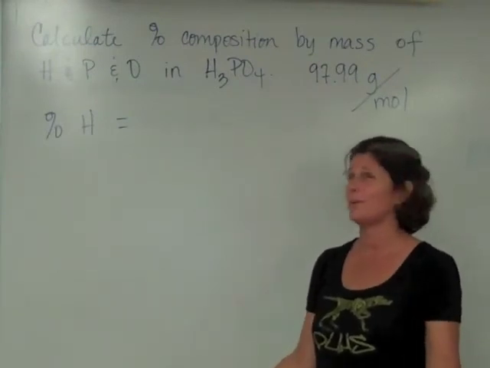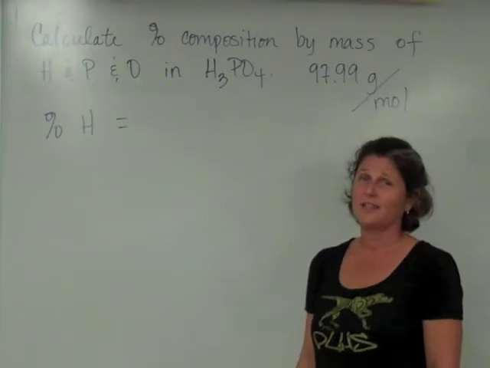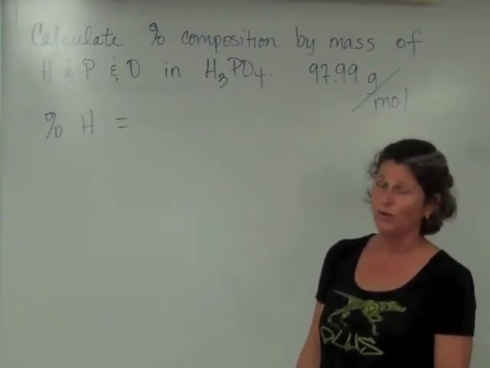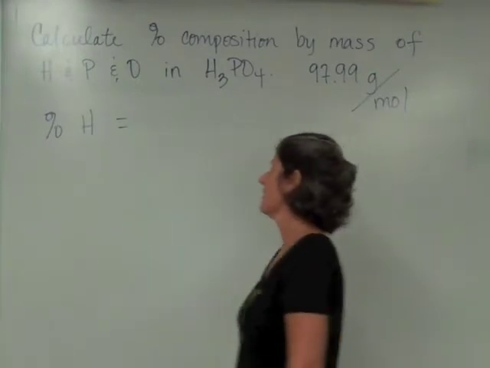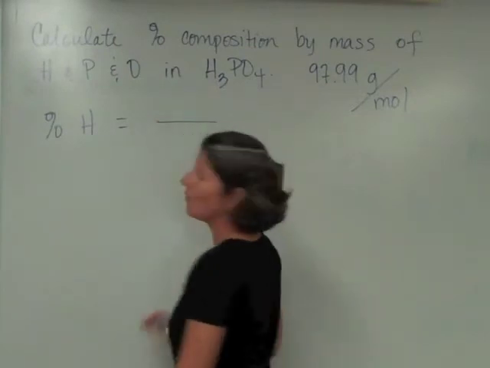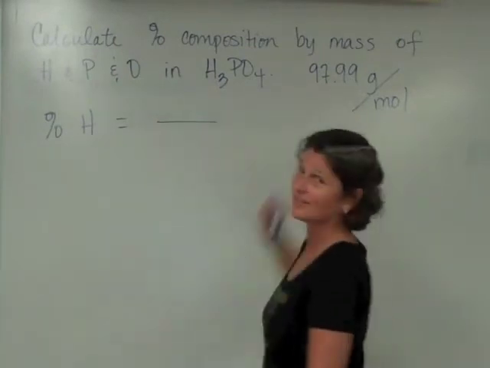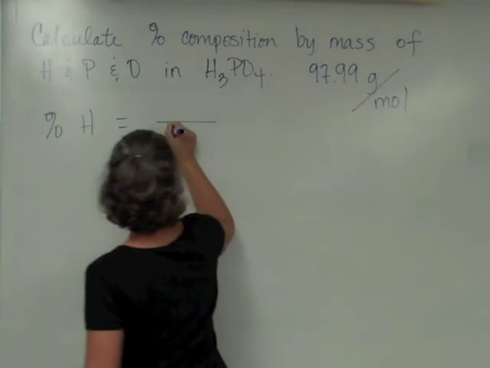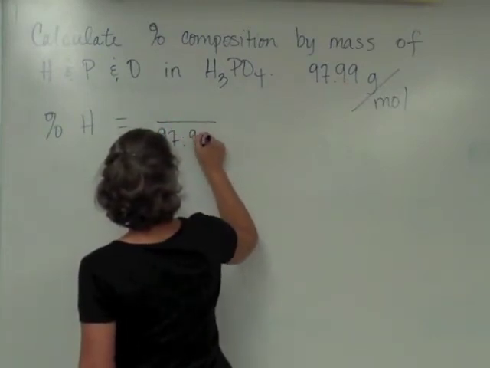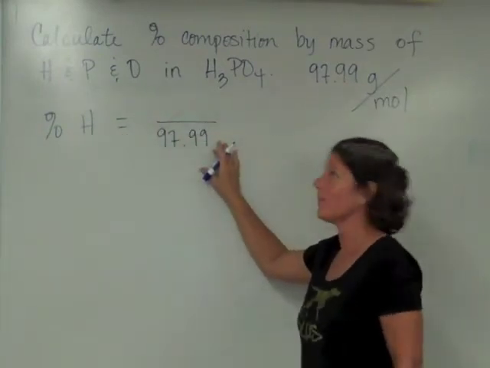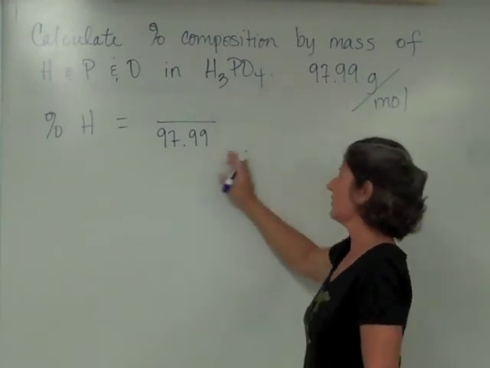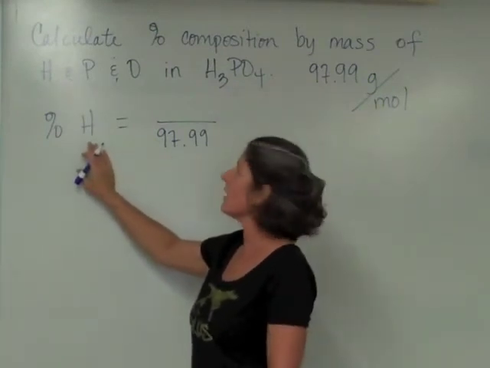Doesn't matter what topic we're talking about. It's the part divided by the whole times 100. So the whole is easy, 97.99, the whole molar mass of this thing. We're looking for the part that is hydrogen.